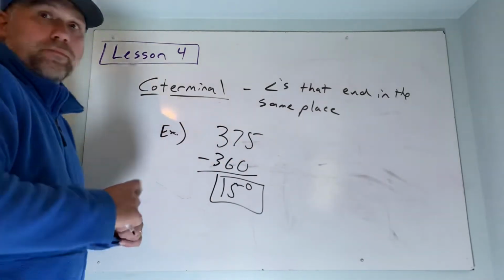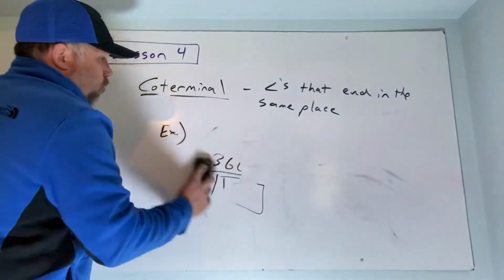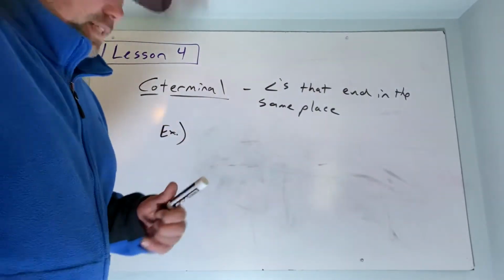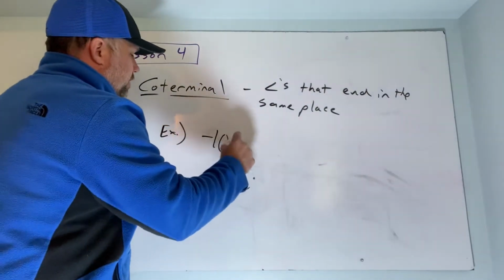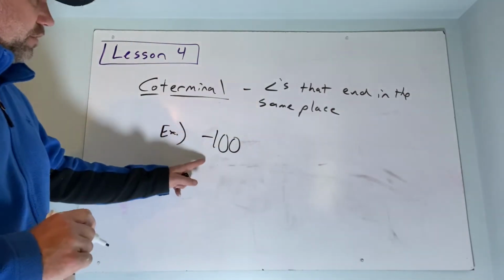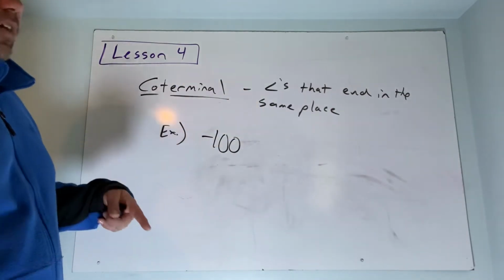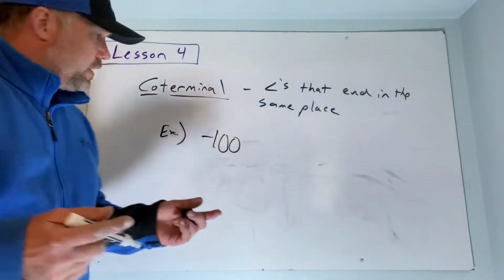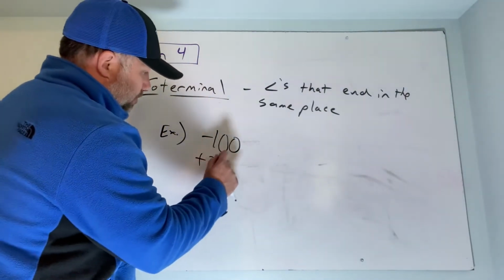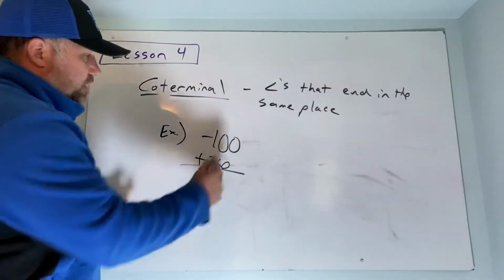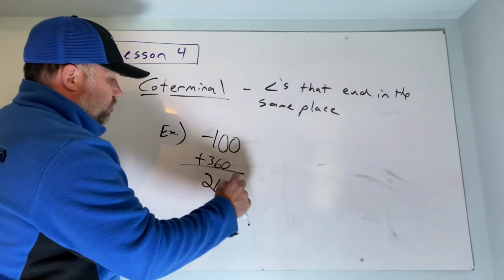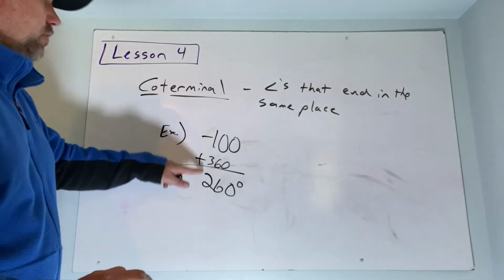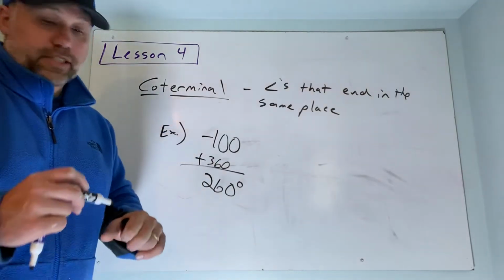Let's do that again. What about negative 100 degrees? Well, since negative 100 degrees is negative, and when we find these coterminal angles, we want them to be positive. So if I add 360, that's going to put me at 260 degrees. That angle is coterminal with negative 100.